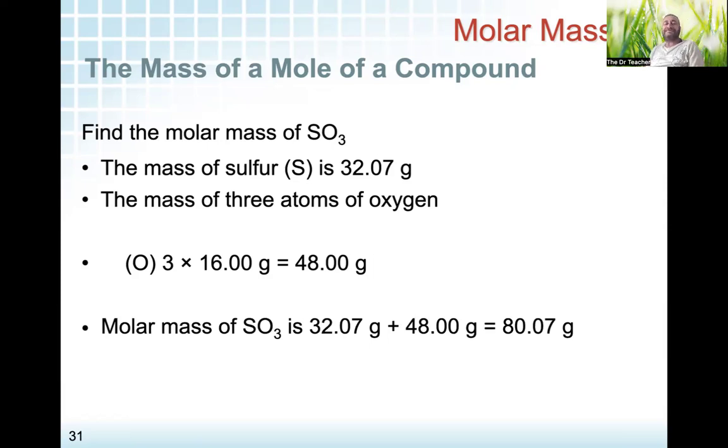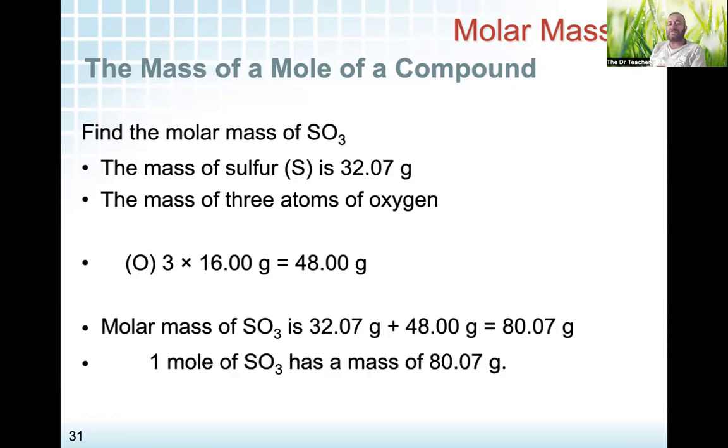So it will be 80 gram. This is the atomic weight, molecular weight. This is the molecular weight of the SO3, which is a molar mass. We call it molar mass. So we depended on the atomic weight to make the molecular weight.